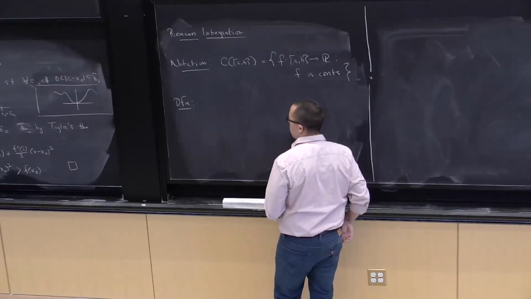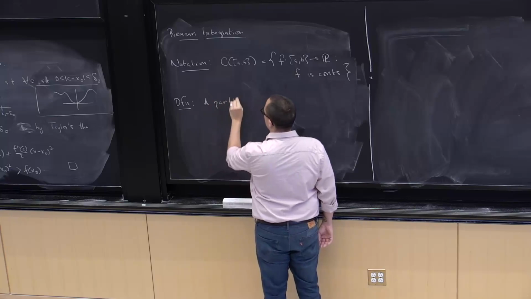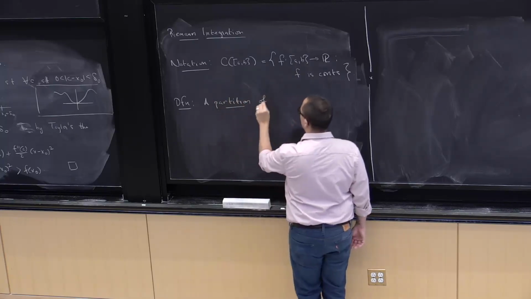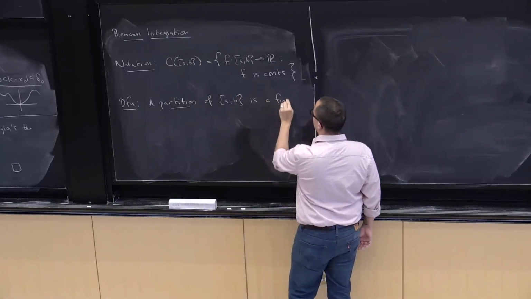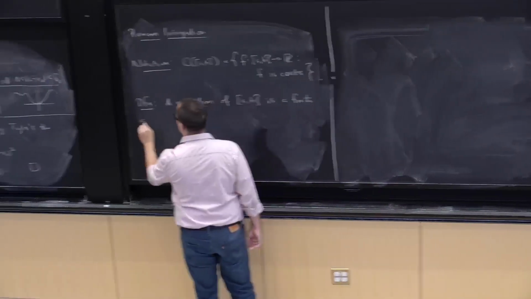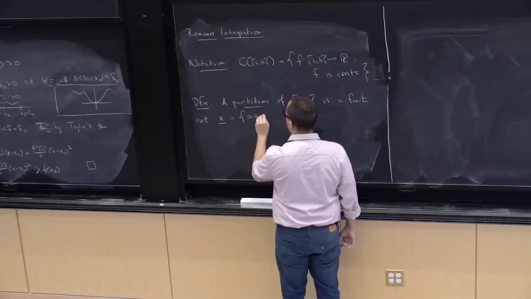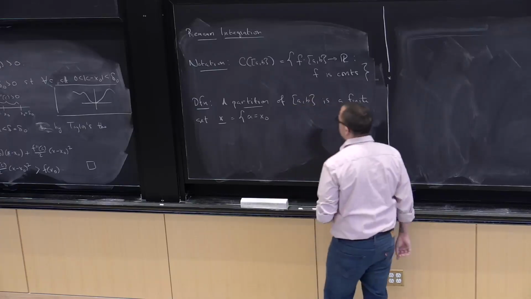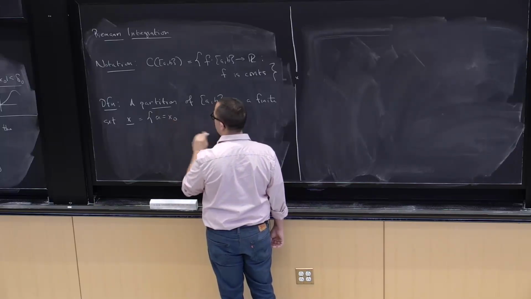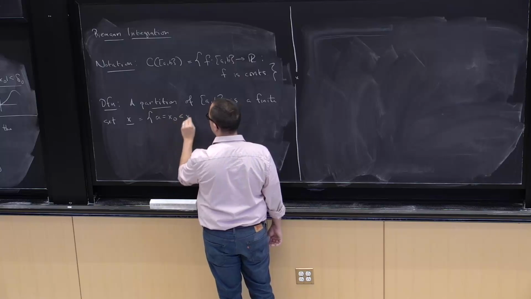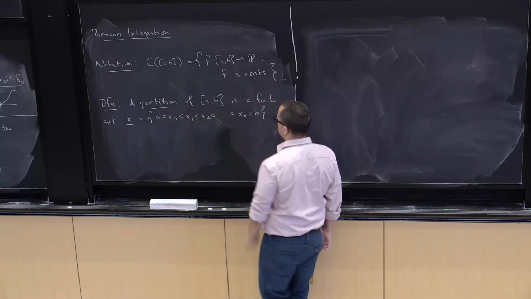So I'm going to assign some words to this breaking down process. A partition of the interval [a,b] is just a finite set, X underline, which I'll write as x0, x1, x2, up to xn, with the property that x0 is equal to a, less than x1, less than x2, and so on.